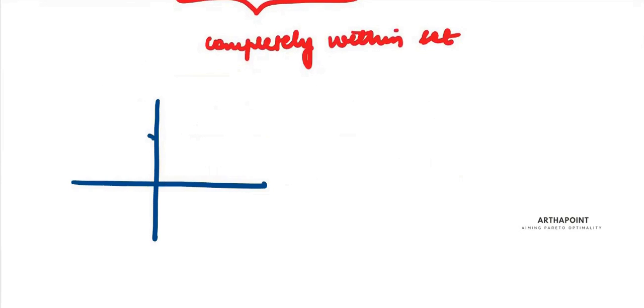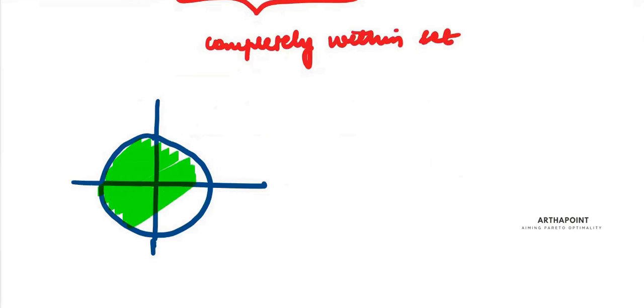So take an example. Suppose I tell you I'm talking about a circle, and I tell you that my circle has this as the shaded region. This is my set. Whatever comes inside the circle is my set.